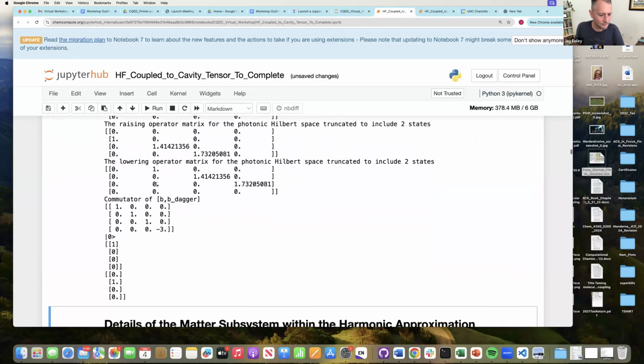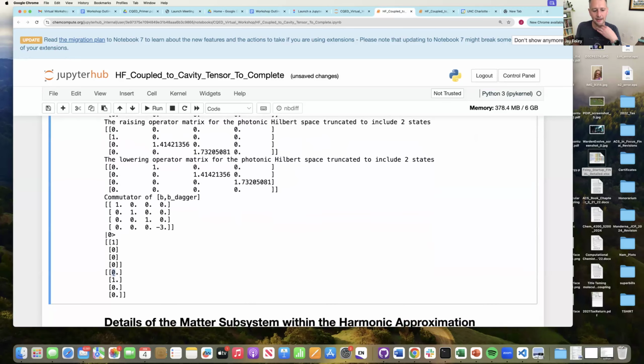What I should see is that the new ket is 0, 1, 0, 0. So now I have shifted to the 1 ket. This is the relationship I was expecting: b dagger on the 0 ket gives me the 1 ket.